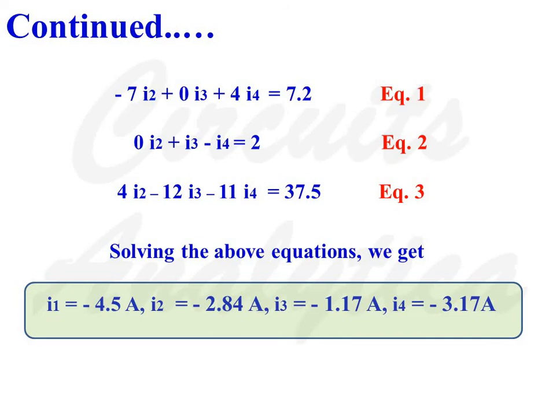Solving the above equations, we will get I1 is equal to minus 4.5 ampere, it is already given. I2 is equal to minus 2.84 ampere. I3 is equal to minus 1.17 ampere. And I4 is equal to minus 3.17 ampere.